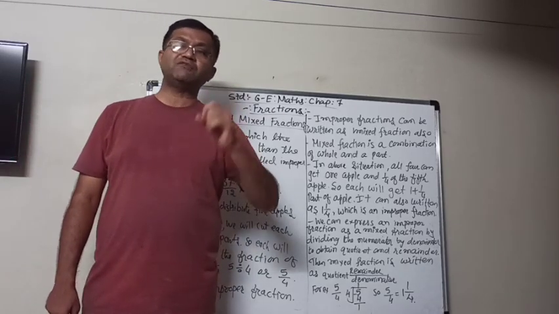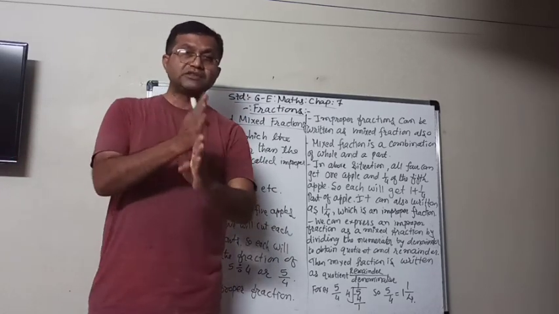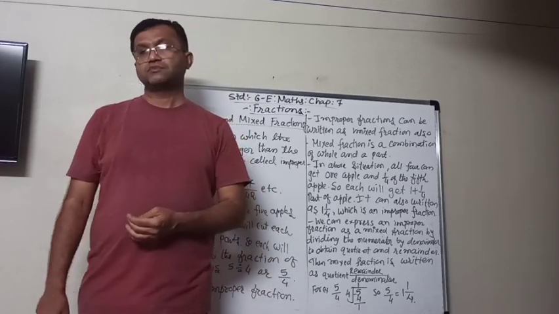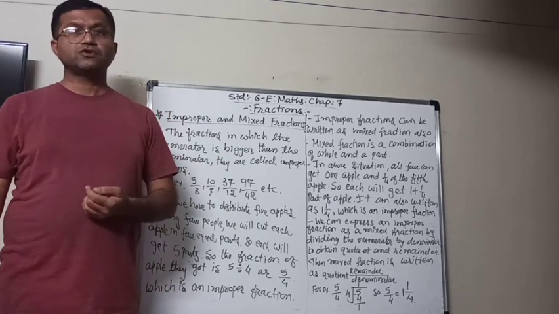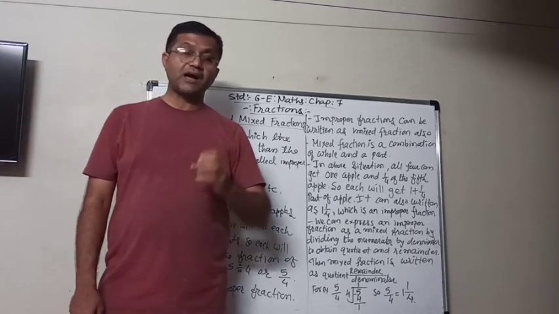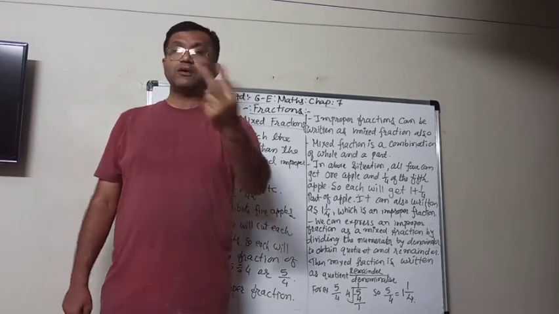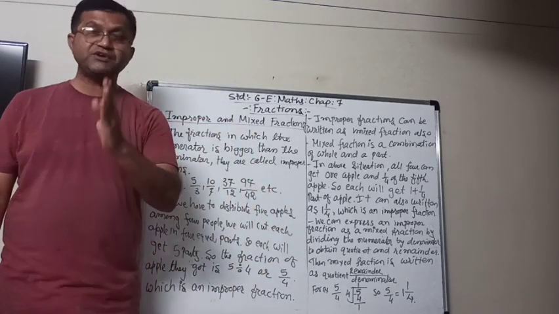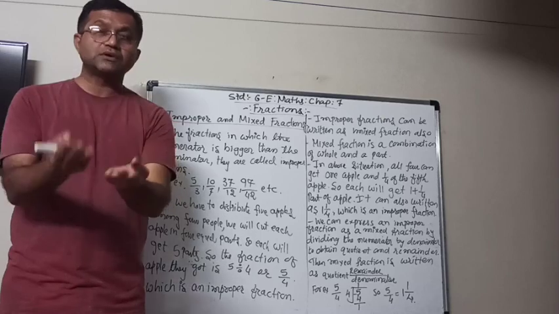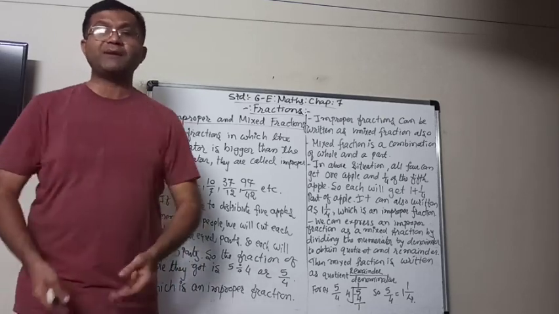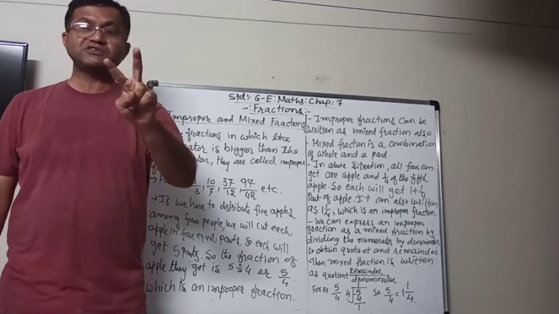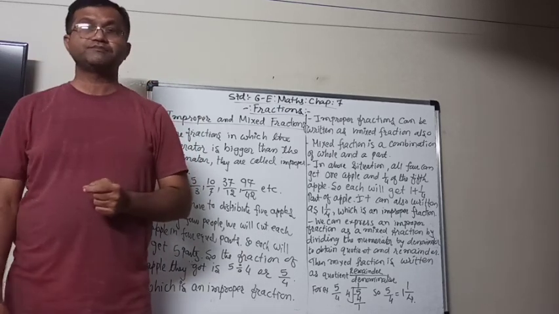So both of them can take 2 puris, and the 5th puri they have to divide into 2 equal parts, and each will get 2 full puris plus a half puri.